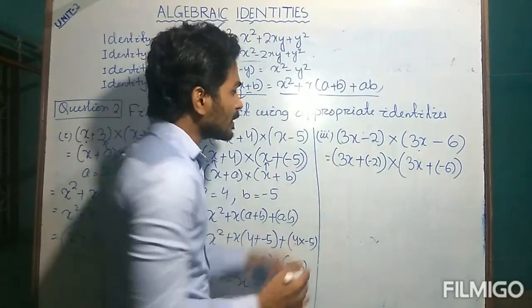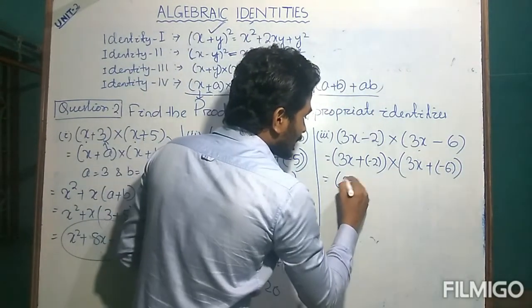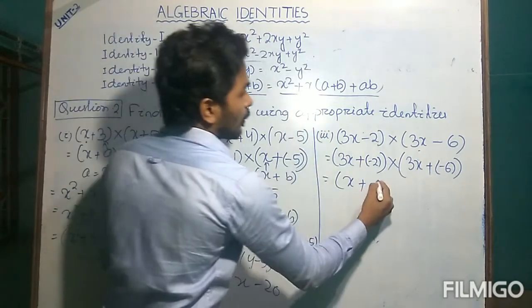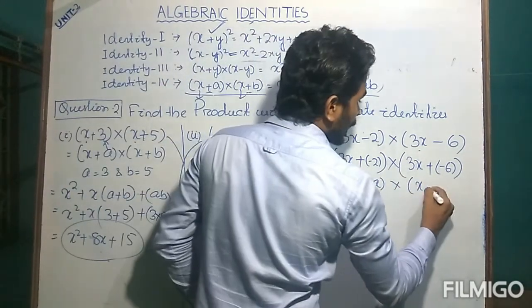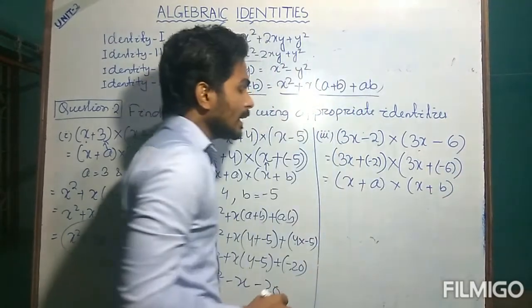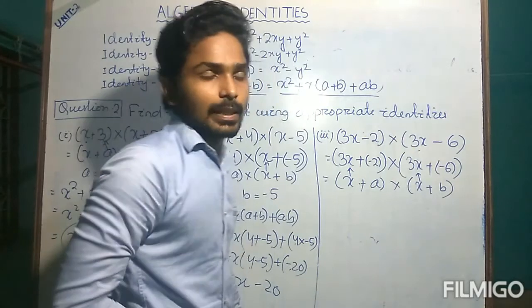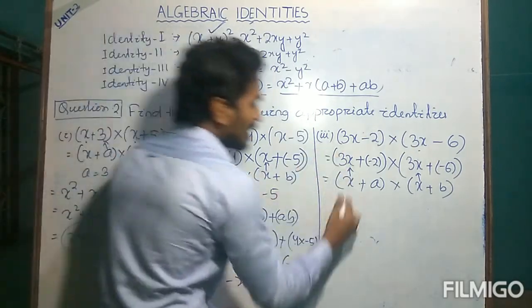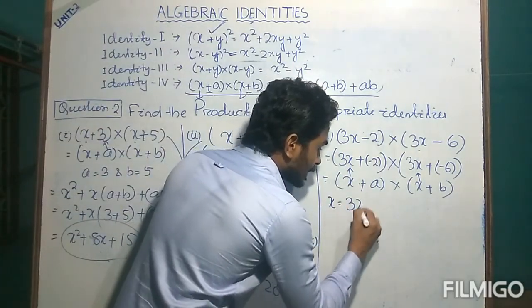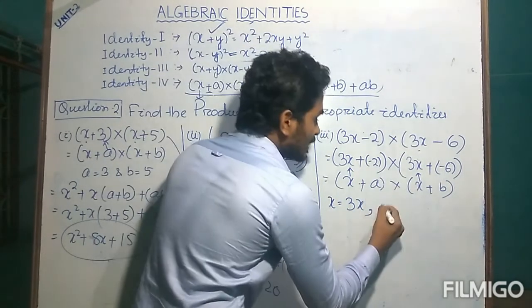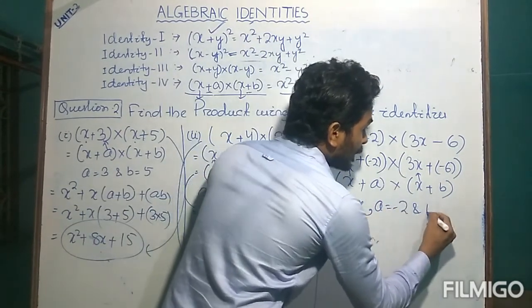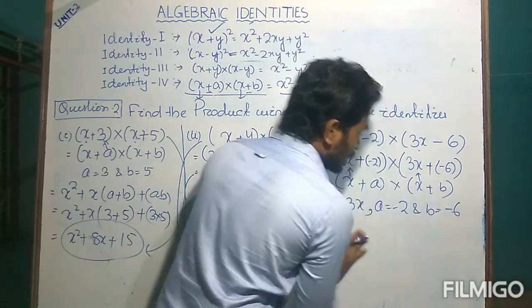Now you can say this product resembles the formula (x plus a)(x plus b), and here x is equal to 3x, a is equal to minus 2, and b is equal to minus 6.